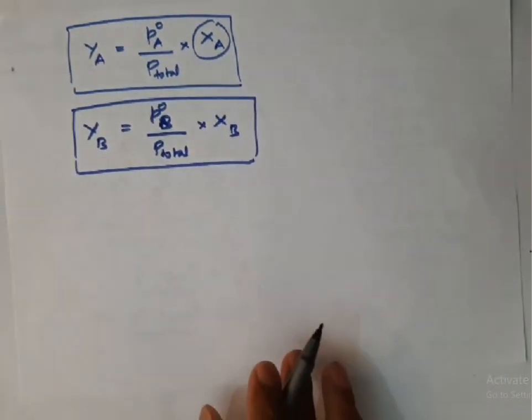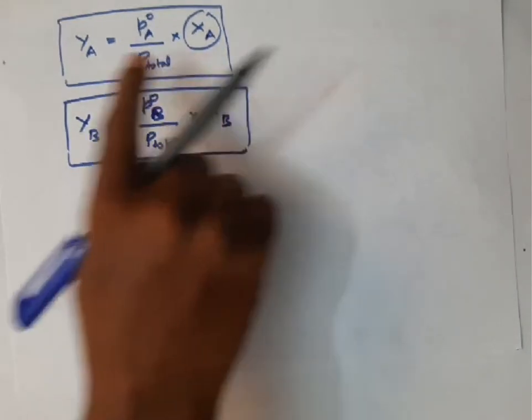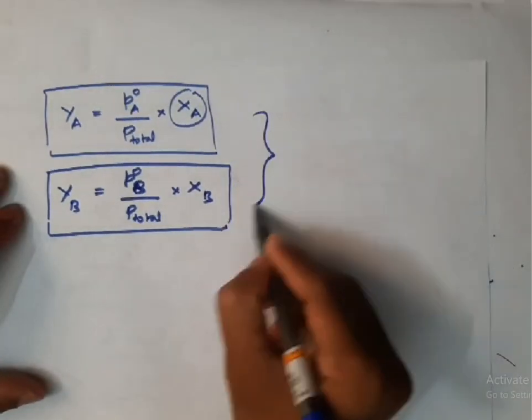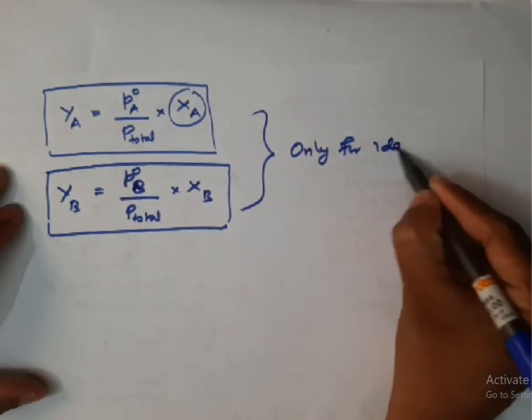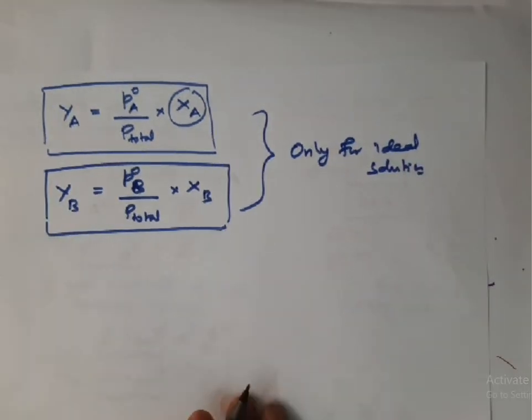Take down. So if you know the mole fraction in the liquid phase, you can calculate the mole fraction in the vapor phase. These formulas are applicable only for ideal solution.